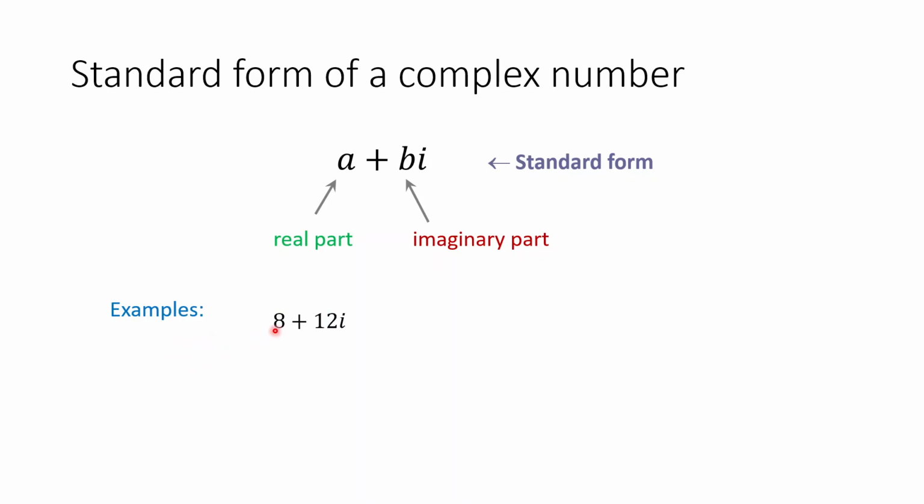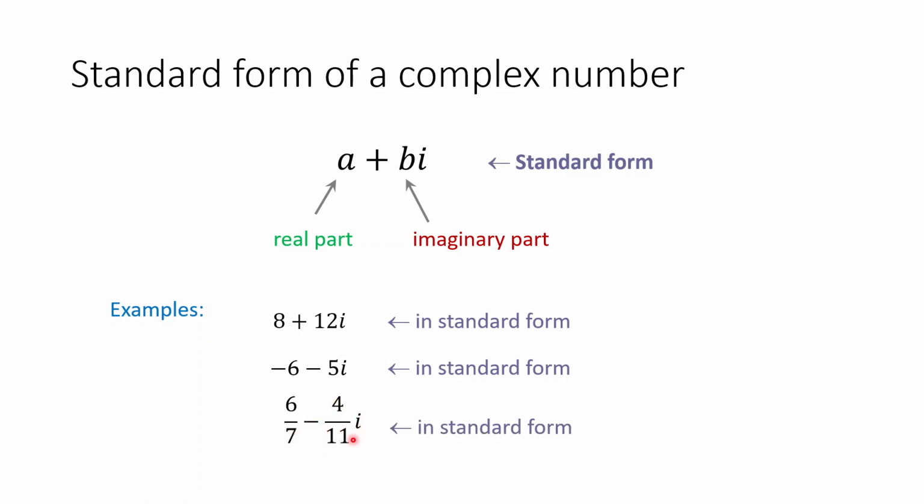Examples: this is a complex number in standard form. You have the real part and the imaginary part. This is also in standard form. Real part, imaginary part. And here, this is the real part and this is the imaginary part. So this is in standard form.